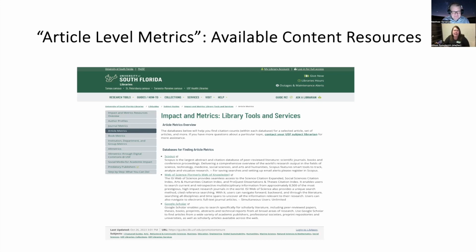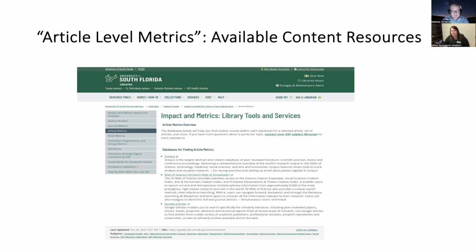But yeah, we have some information on our LibGuide, and we think that's really empowering the faculty members to do their own research. But again, if they want to, they can contact us with a CV and we can help them pull some metrics just to get them started.